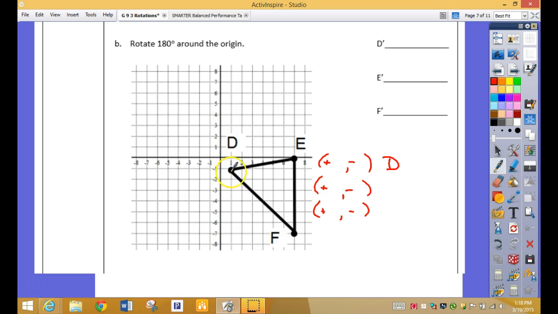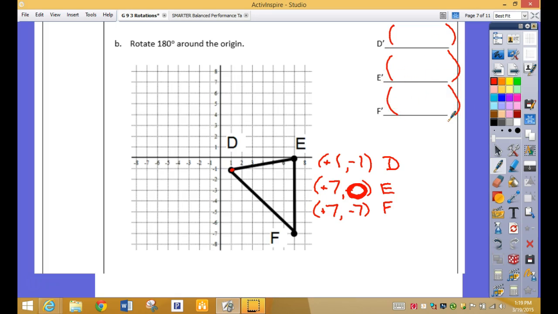What's the ordered pair for D? What is this? 1 and negative 1? What's the E? 7 and 0, but there's no such thing as a negative 0, so it's just 0. And what about F? What's the ordered pair here? 7 and negative 7.